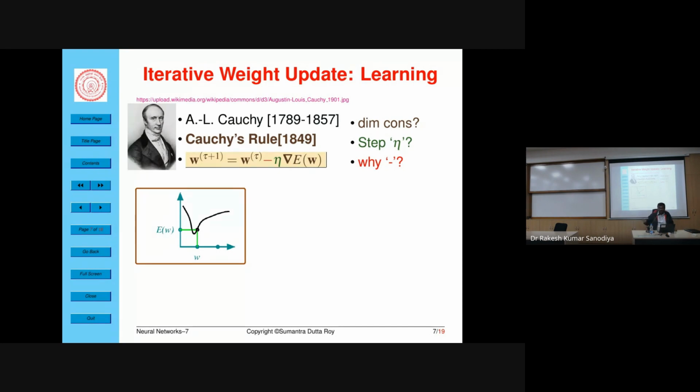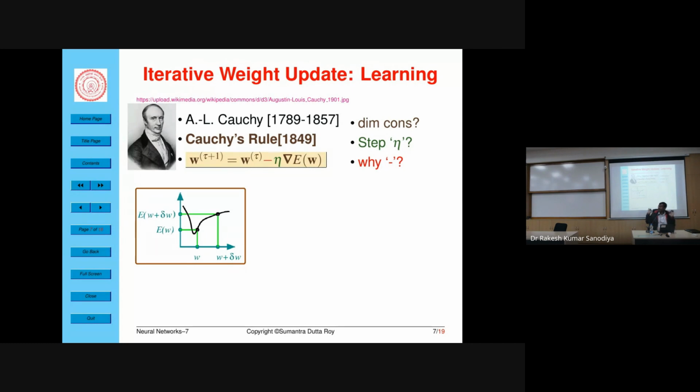I perturb the independent variable and look at the perturbation in the dependent variable. That's what I do. So I change W to W plus delta W. I take it up again. I read it off the curve, so the point on the curve, and I read the value of the function there, which is E of W plus delta W.